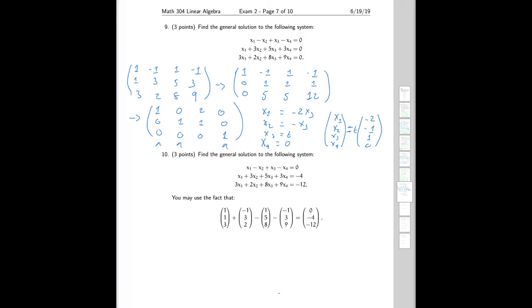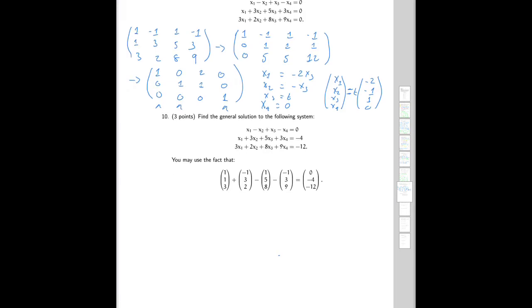So now let's answer question number 10. So notice that the left-hand side of the system in question number 10 is the same as in question number 9. So we want to find the general solution to this system.